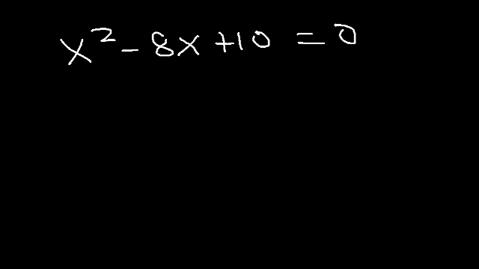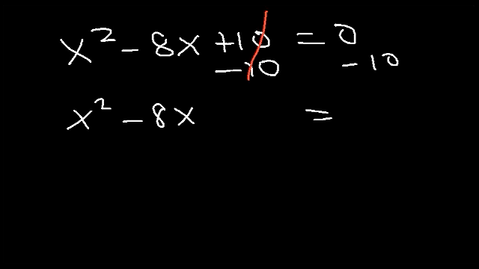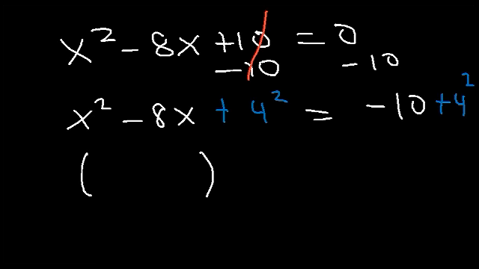So let's begin. Let's subtract both sides by 10. So we have x squared minus 8x, and that's equal to negative 10. So half of 8 is 4. Therefore, we're going to add positive 4 squared to both sides. So to factor the expression on the left, it's going to be x minus 4 squared.